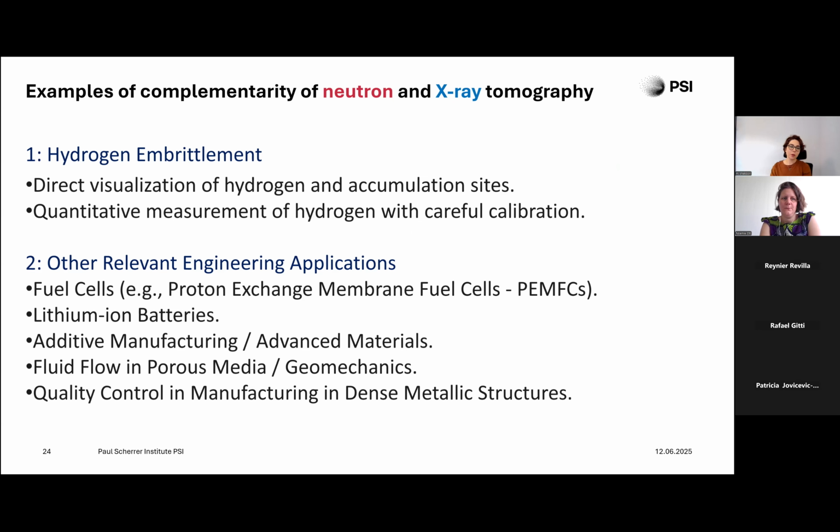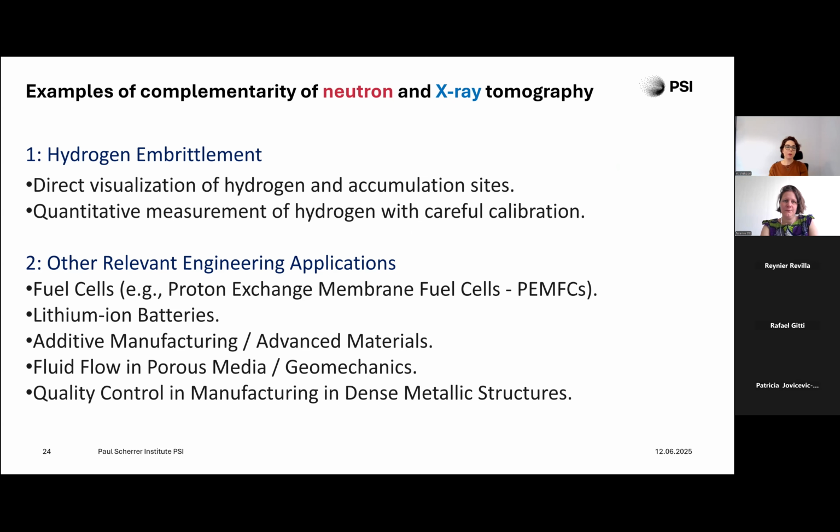There are also many examples for additive manufacturing. This is usually for strain analysis, but imaging is also interesting to see the defects, for instance. And then, of course, fluid flow and porous media, which we also do in concrete samples, for example, or for soil physics people. This is a very interesting topic.